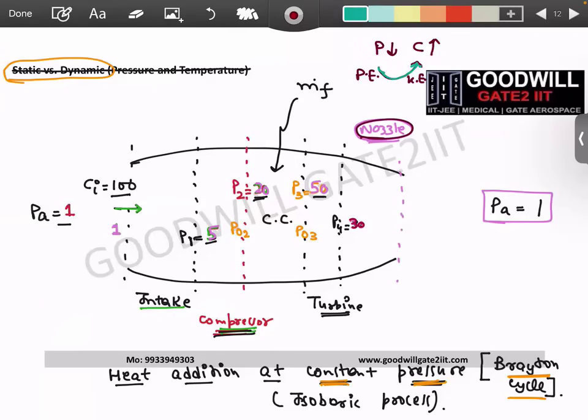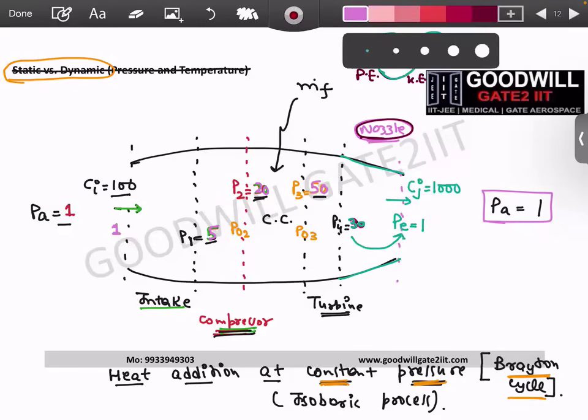Now understand one thing. Let's say your pressure is 30 here. This nozzle, let's take an example, has converted your pressure to 1. So from 30 to 1, it has reduced. Anything which reduces pressure will increase your velocity. So at the exit, let's take an example, your velocity is 1000.